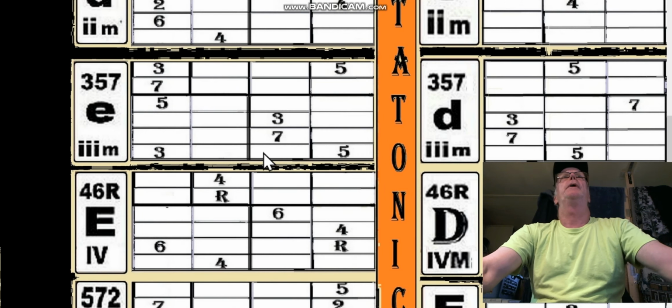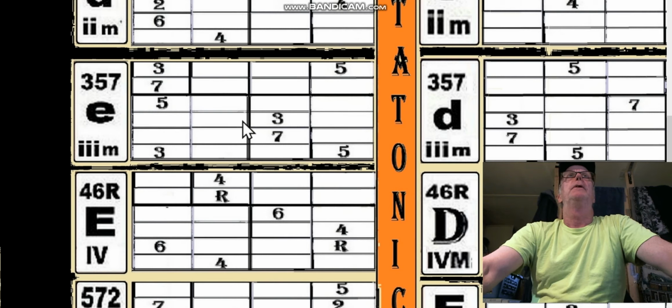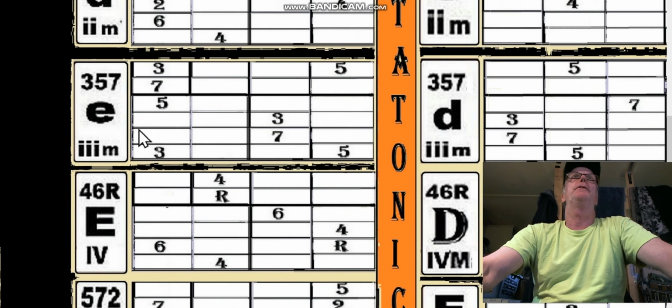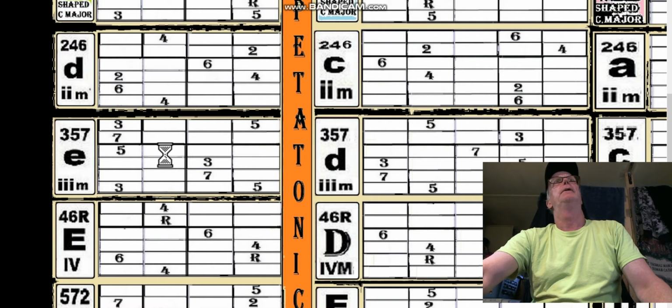So this is where these things happen with the E shapes. All right, it's why we consider the fourth an E shape, because it's part of the same tripentatonic box. It's just the minor is the E minor shape, and you just move it up, and this is considered an E shape.